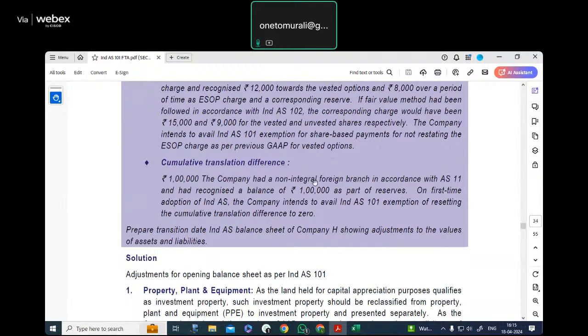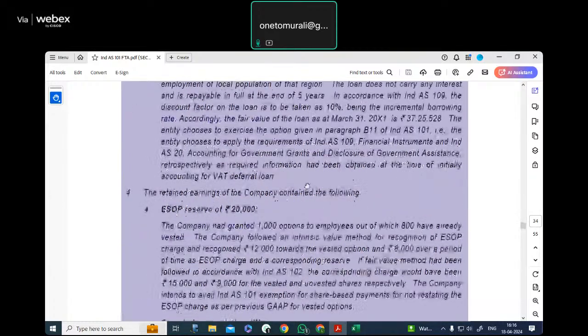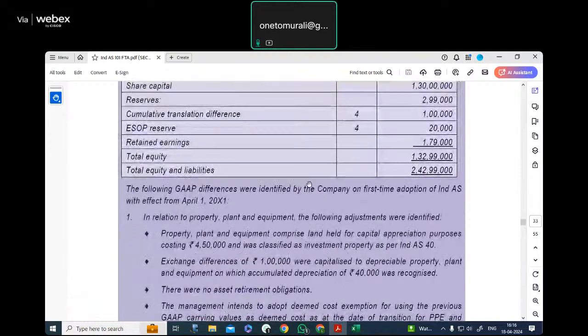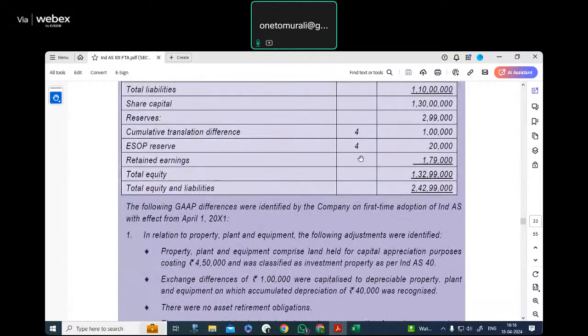So that is what they have given here also. So 1 lakh, the company has a non-integral foreign operation with AS 11, recognized as part of the reserves. On first-time adoption, the company intends to avail the 101 exemption, resetting the cumulative difference to zero. So we are given the instruction in the problem that we are expected to carry out this operation in this fashion only. This reserves, we will take it up towards the end, 299.